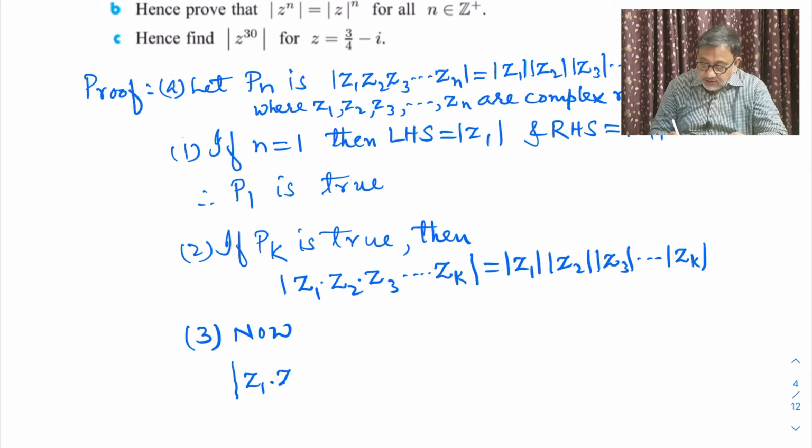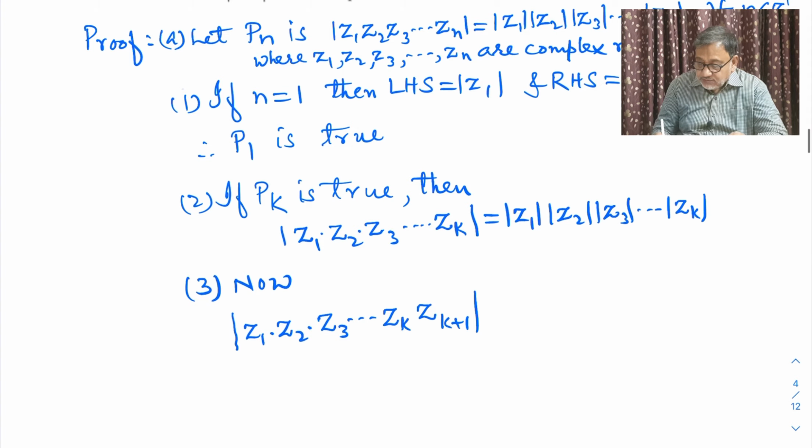So I will take modulus of z1 into z2 into z3 and so on up to zk, and the last one zk plus 1. From this I will take up to zk separately.